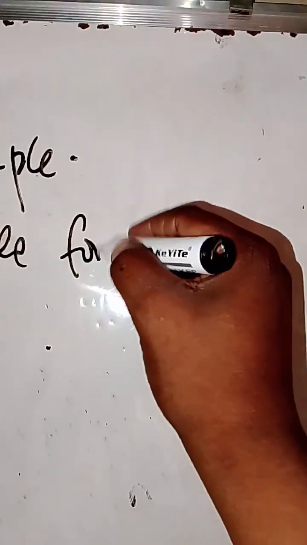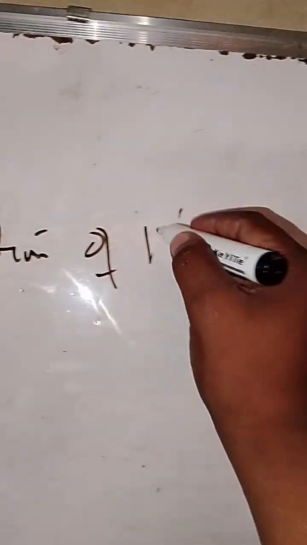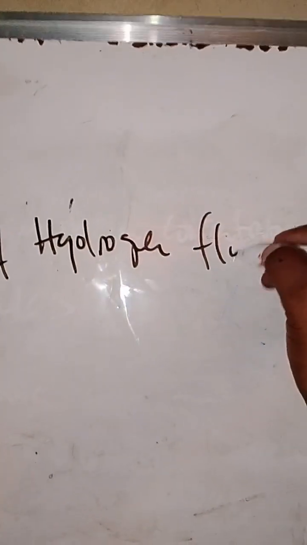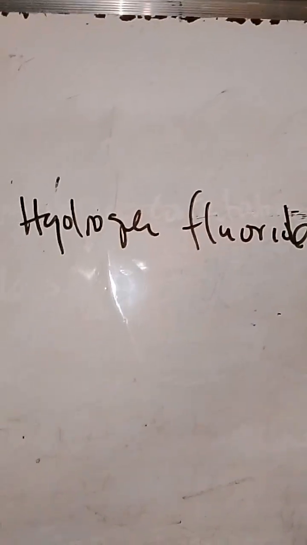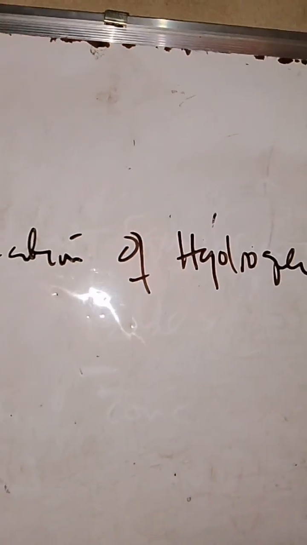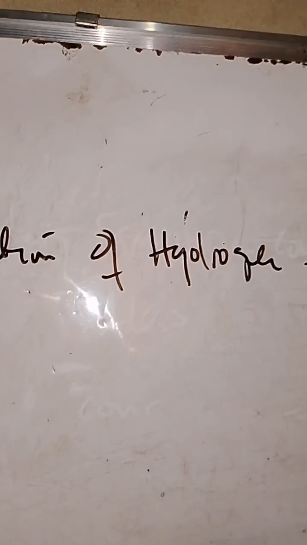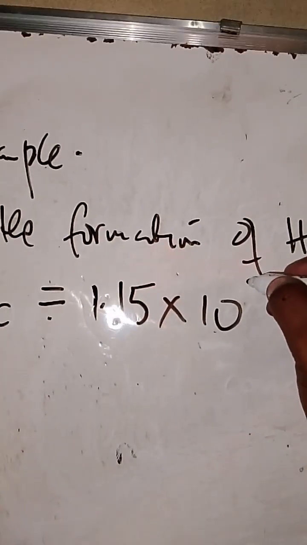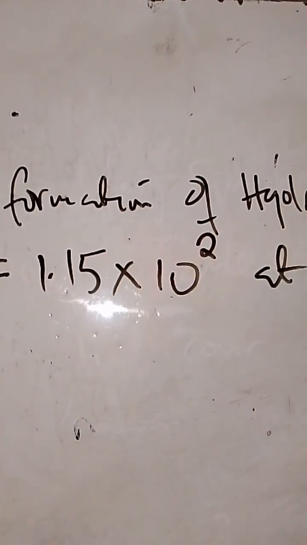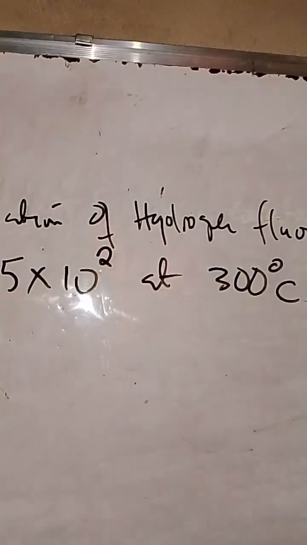So for the formation of hydrogen fluoride gas from hydrogen and fluorine, the Kc was found to be 1.15 times 10 to the power 2 at 300 degrees Celsius.